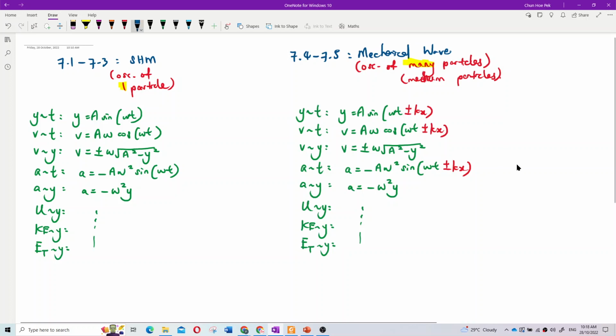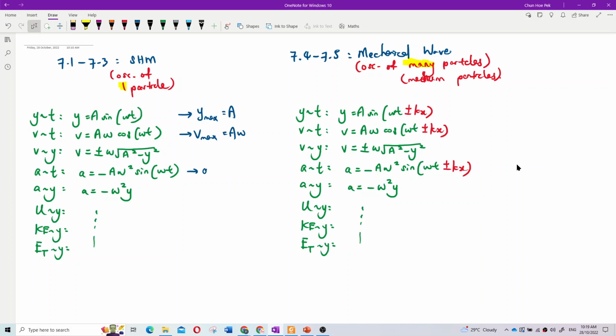When we talk about maximum values, for example, y maximum is the amplitude, v maximum is A omega, and a maximum is A omega square. So same thing also.